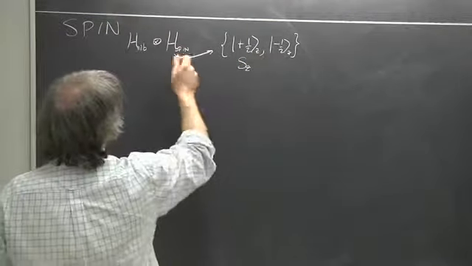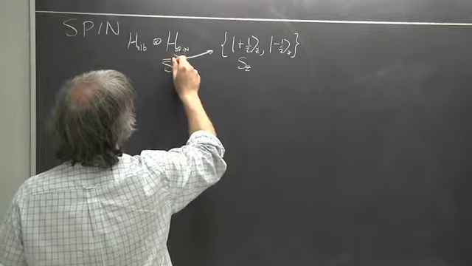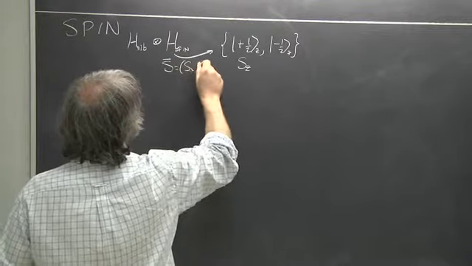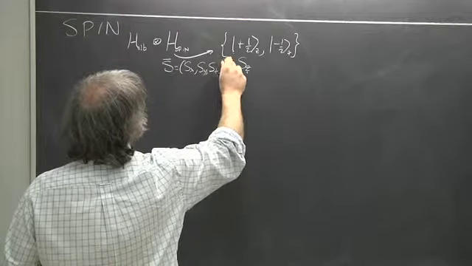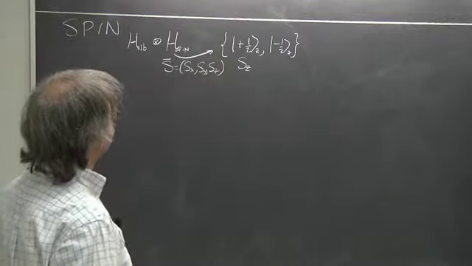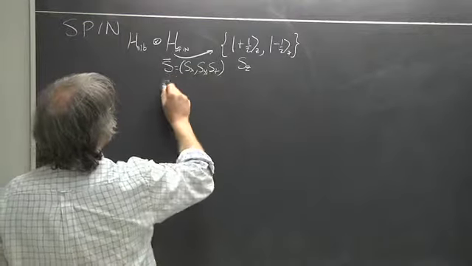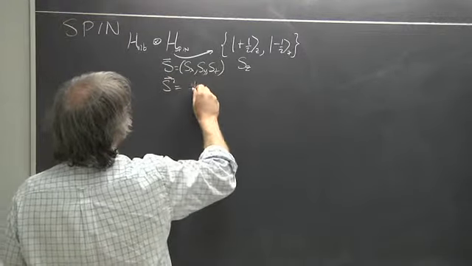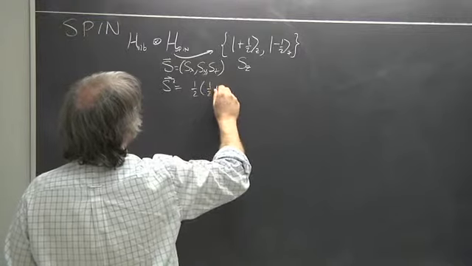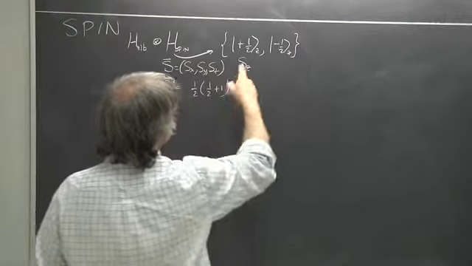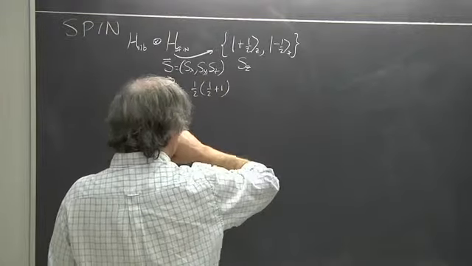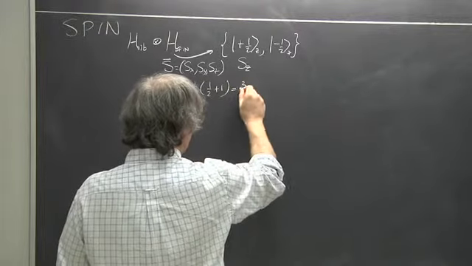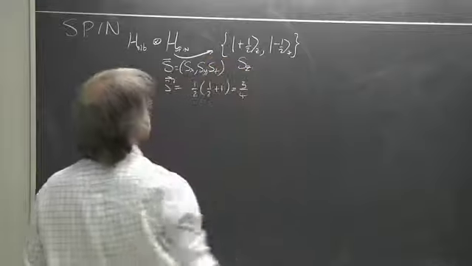We said that there is this new object, S, with components Sx, Sy, and Sz, which is a spin 1/2. Therefore, S squared is just 1/2 times 1/2 plus 1 on those states. There are two states with this same S squared, and these are the two states.